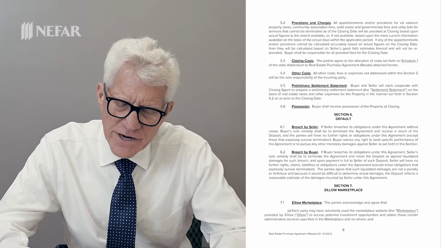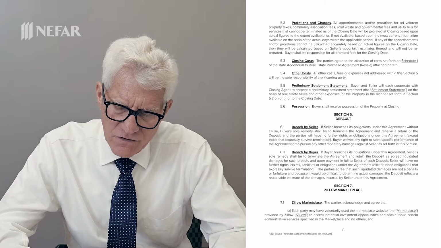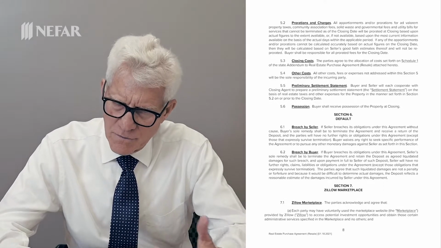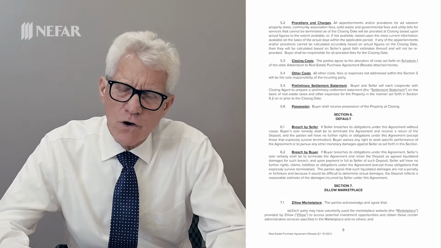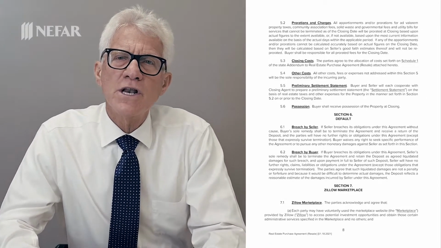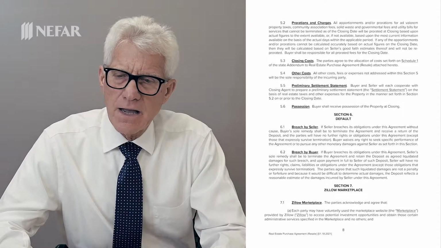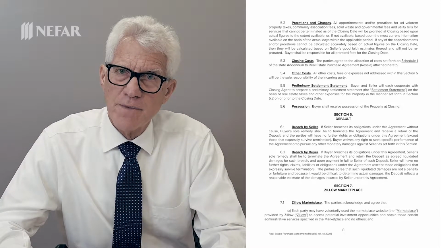But one other difference is that it says that there will not be a reproration. It says to use the best information available. So right now, if we did a closing, we would not know what the property taxes are for this year. We would have to use the best information available.